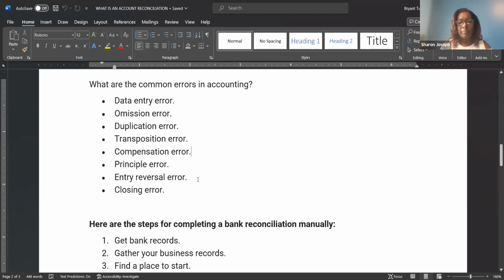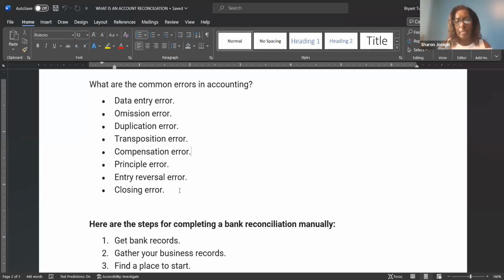Sometimes you make a journal entry in one period that should be reversed in the next period, and somehow it was forgotten, and therefore your bank accounts or your statements are overstated. And then there are closing errors. That means perhaps you're going from a cash basis to an accrual basis at the end of the period, and part of your closing entry is to make sure that you record your depreciation, your accumulated depreciation, and any accruals that are out there. Those are called closing errors.